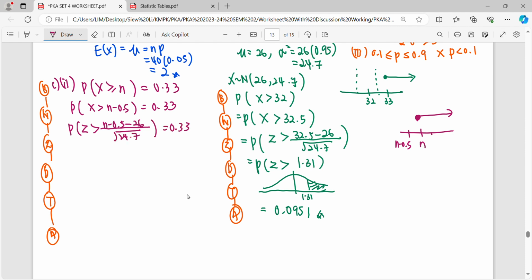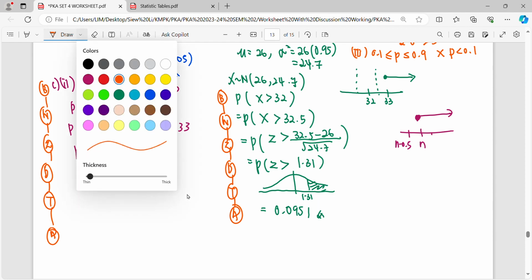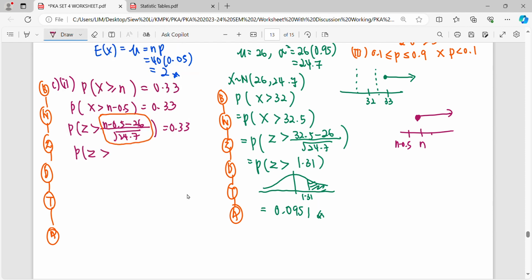So we let this calculation be a variable, let's say a, for us easier to write. Then we have to guess where the z-score is located. When it's more than a, you get a probability or area of 0.33.